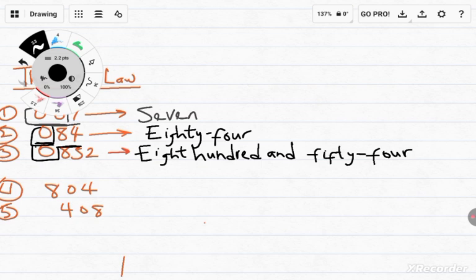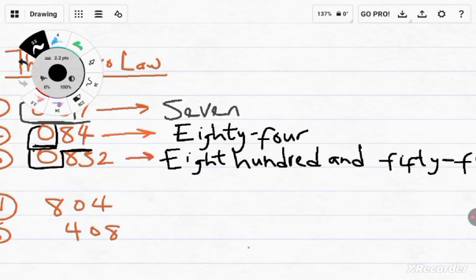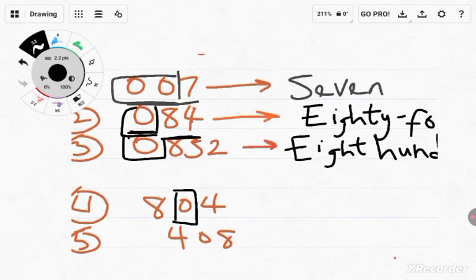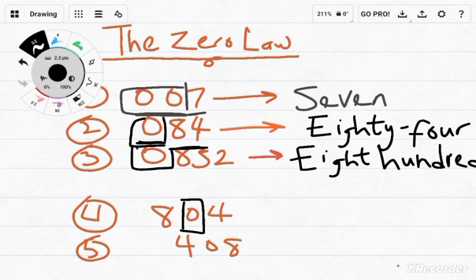Now, there will be some situations whereby 0 is not at the beginning. It's not the first number you see. Anytime you notice 0 in between two numbers, for example, if you look at this example here, this 0 is not outside, it is not the first number you see.